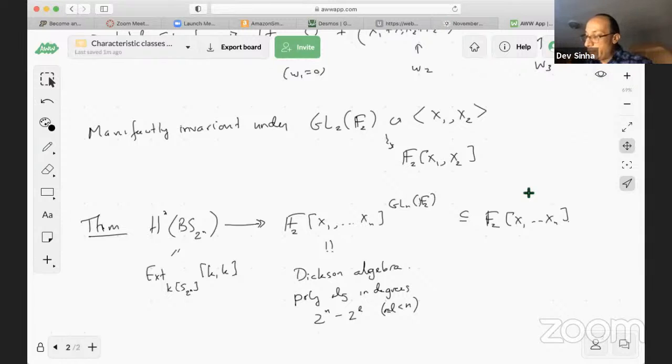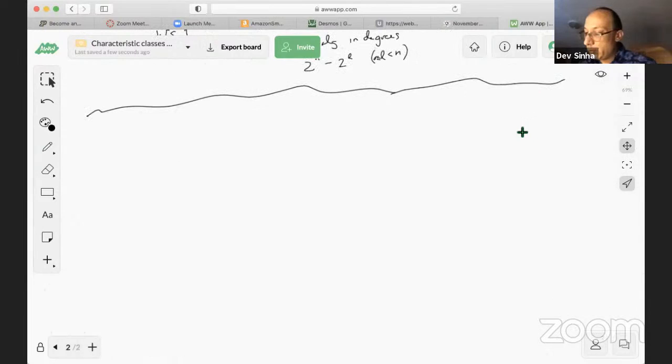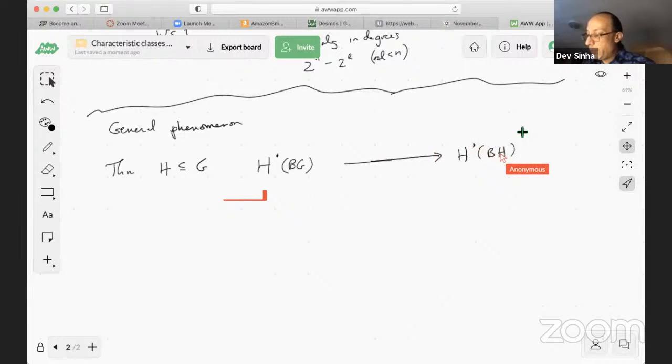So in fact, there's a general phenomenon: there's a little theorem that if H is a subgroup of G, then when I restrict the cohomology of BG to the cohomology of BH, I don't really map to the full cohomology of BH.